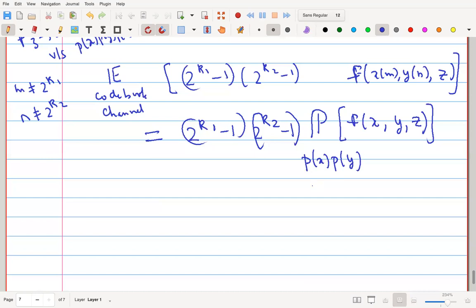Z is coming from the channel input for 2 to the R1, 2 to the R2, which have nothing to do with Xm and Yn. So this is coming from the marginal. Is this clear to everybody? This is like the point-to-point noisy channel case. This Z is not correlated to this X and Y.